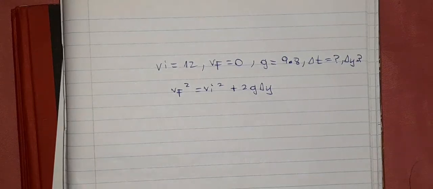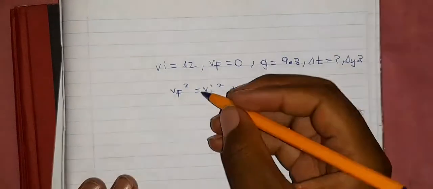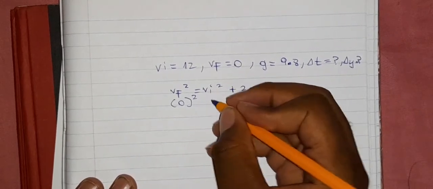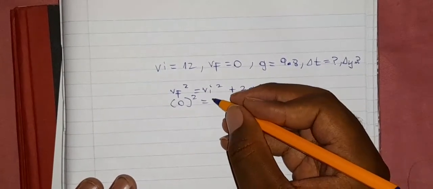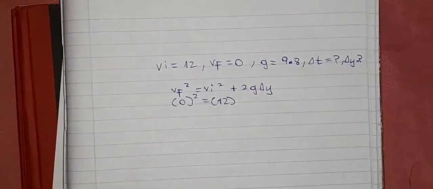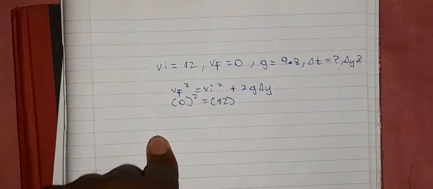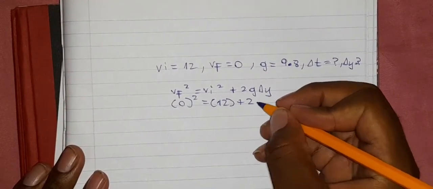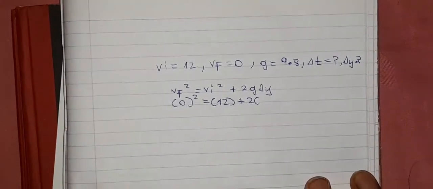Let's substitute in what we know. We know that the final velocity at its maximum height is 0. The initial velocity is 12 because I chose upwards as positive and the ball is going upwards. Plus 2. Here is where you have to be careful.